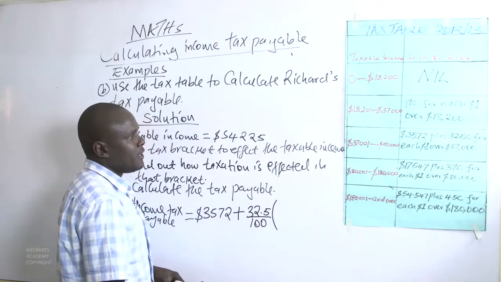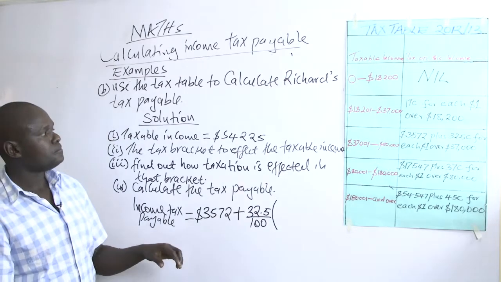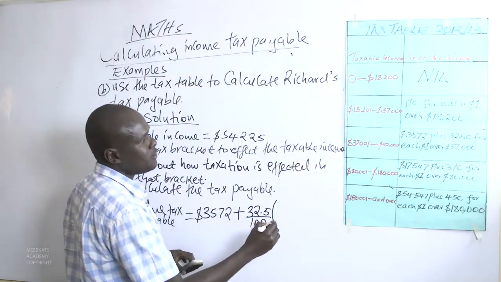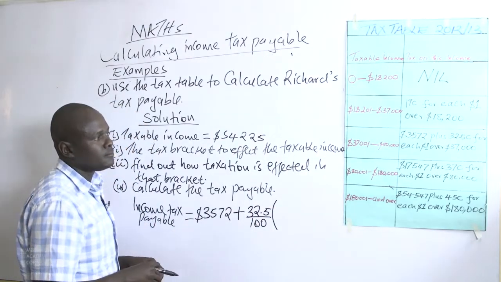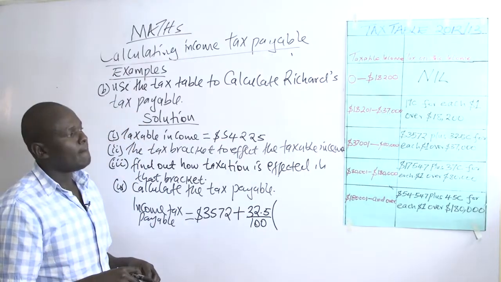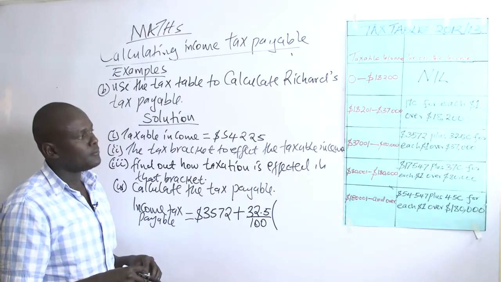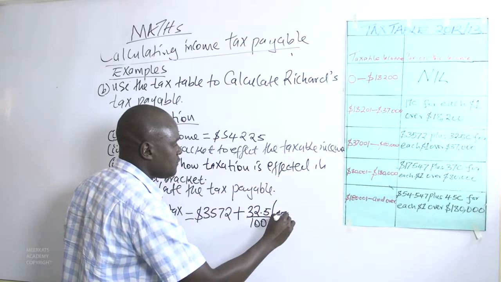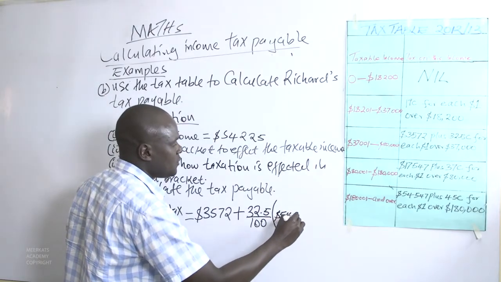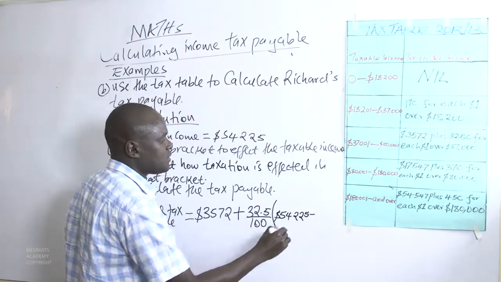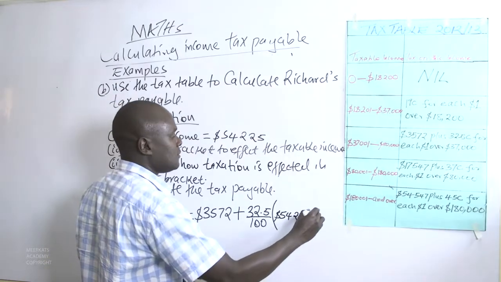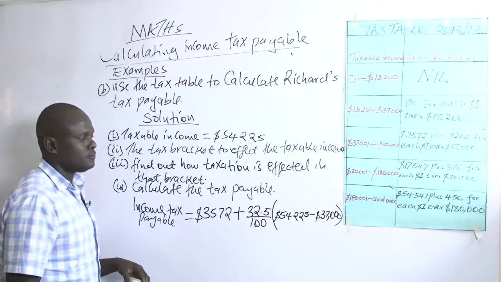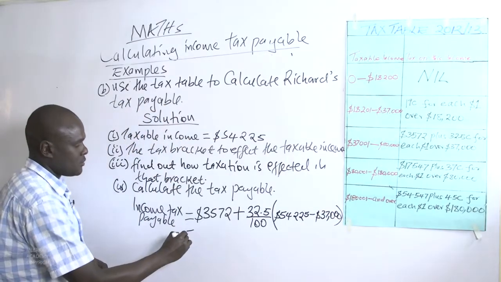Then we multiply by the difference between the taxable income, 54,225, and $37,000.